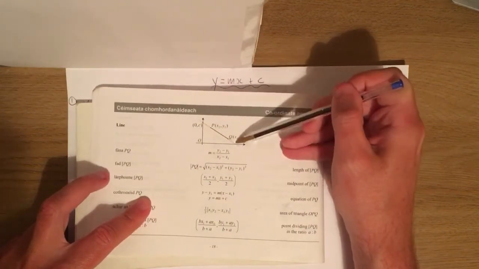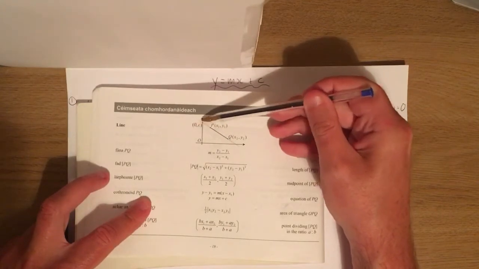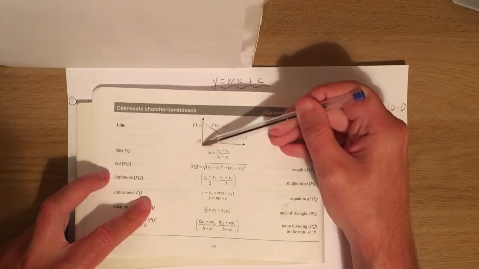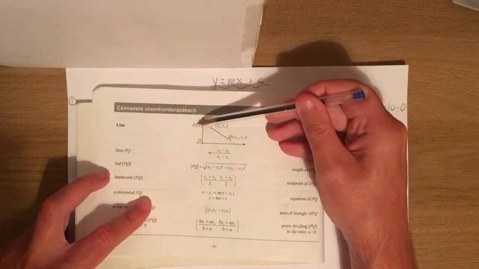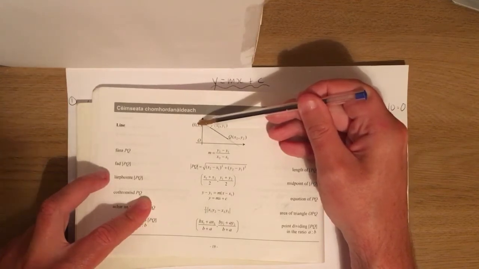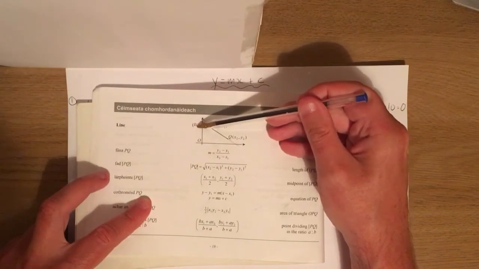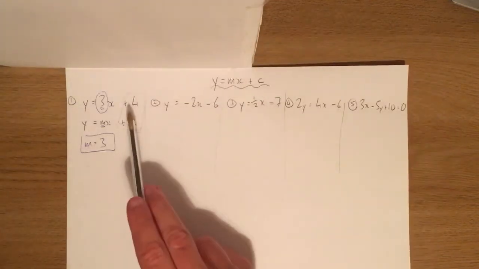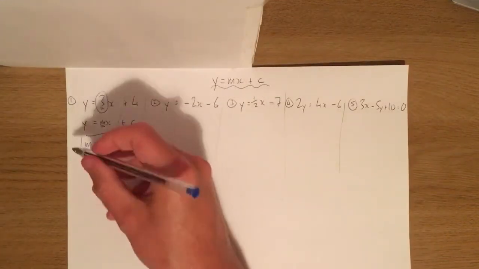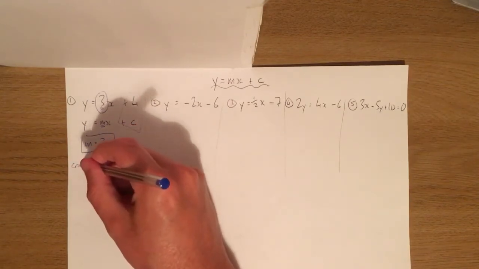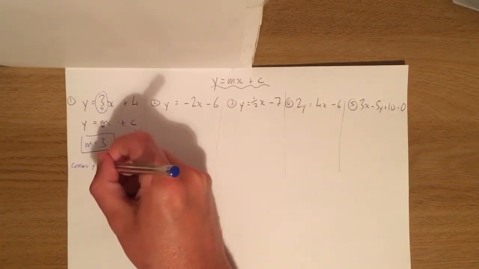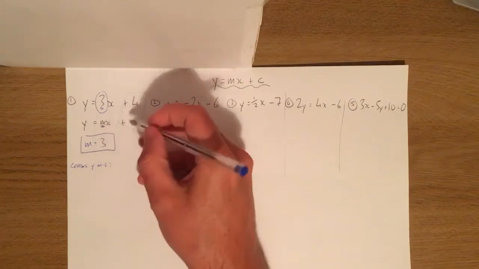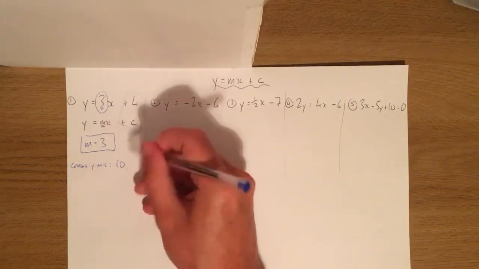And if you look at this line, it crosses the y-axis up at this point here, and it tells me the coordinates at that point is 0, c. So I know this line crosses the y-axis at the point 0, 4.